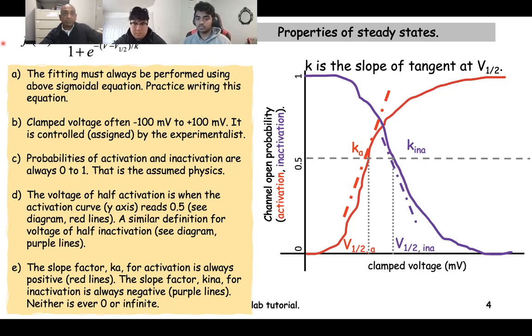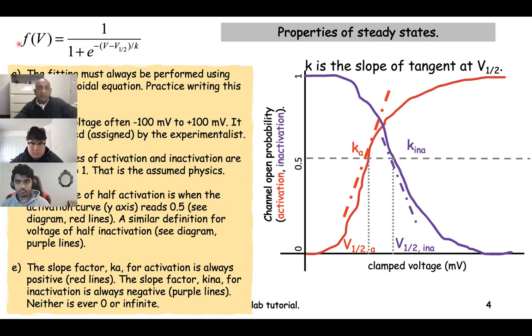Now you have to process this in conjunction with our decision that we will always fit our function to exactly this form. So the minus sign must always be there. It must always be v minus v half. But when your Ka is positive, you're okay.